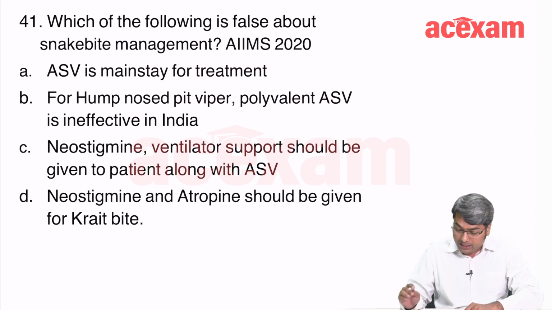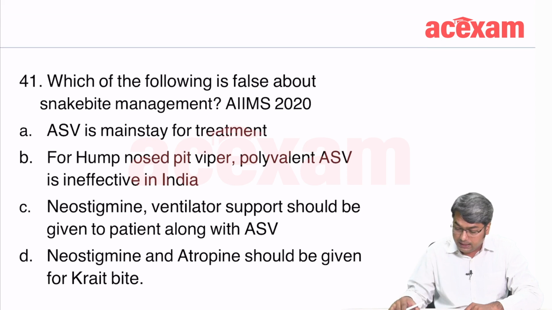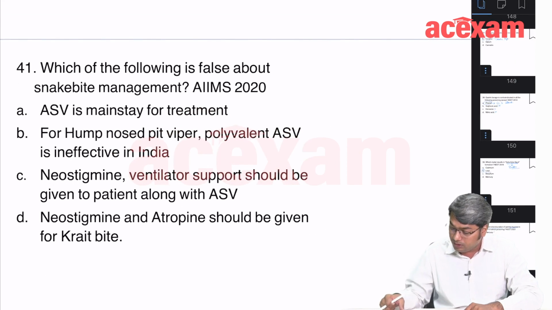Which of the following is false about snakebite management? This is a repeat question which has already been discussed. So in toxicology, what are the most important areas which have to be covered?